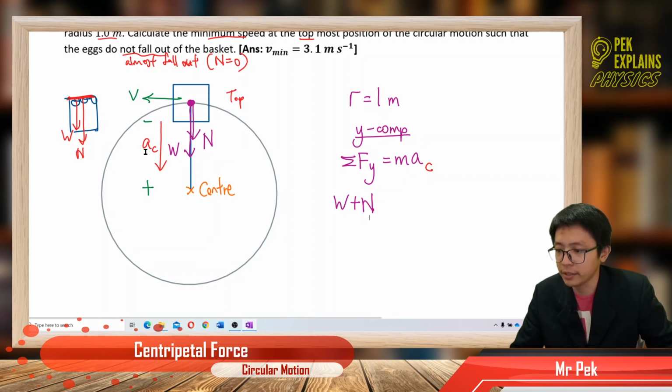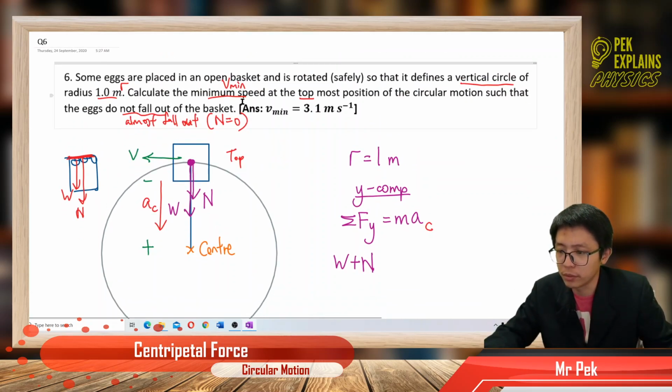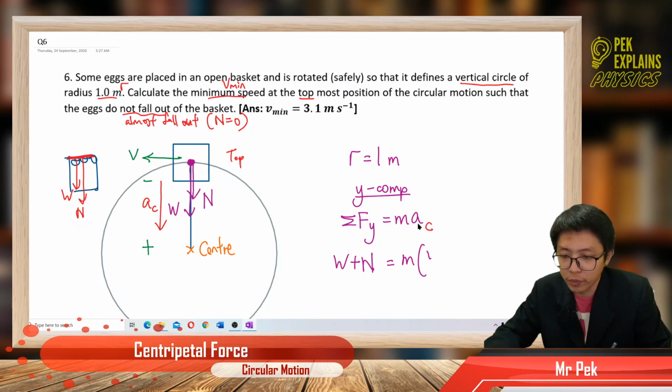We want to find the minimum speed, v, so for the centripetal acceleration we use the formula v squared over r.